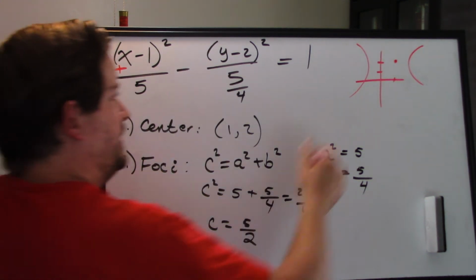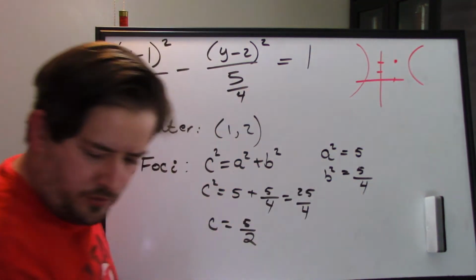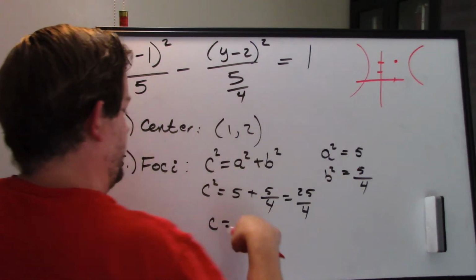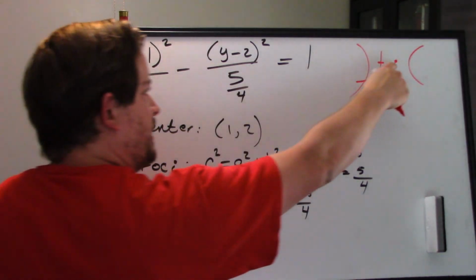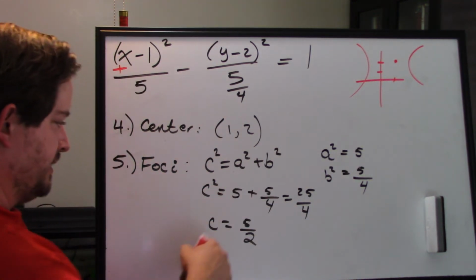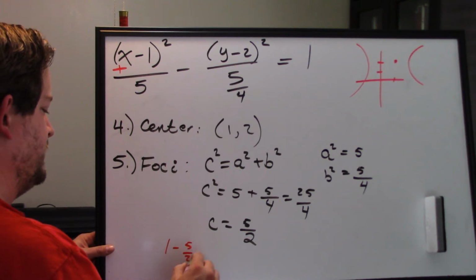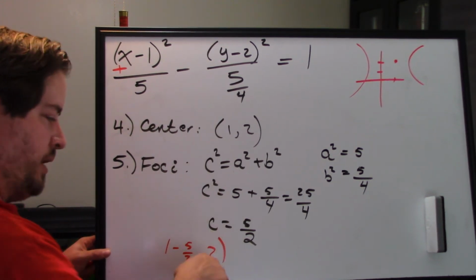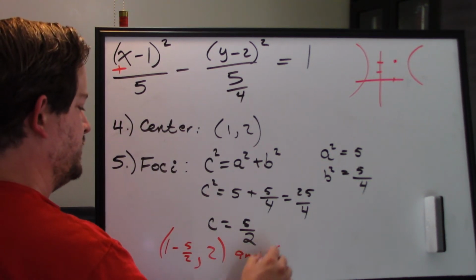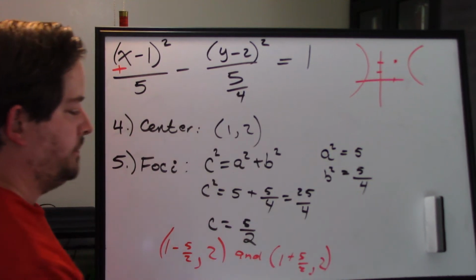And if it looks like that, then my vertices are, or excuse me, are we doing vertices? Not yet. All right. My foci are 5/2 to the left of that point and 5/2 to the right of that point. So that is to say that this will happen at 1 minus 5/2, comma 2, right? My y value doesn't change, only my x value does here. And 1 plus 5/2, comma 2, right?